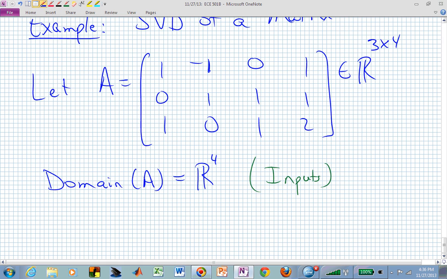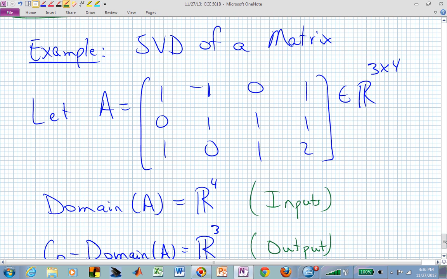The codomain is not as big dimensionally. It's 3. We're mapping into a 3-dimensional space. This is now what you could think of as the output of that linear map or that matrix.